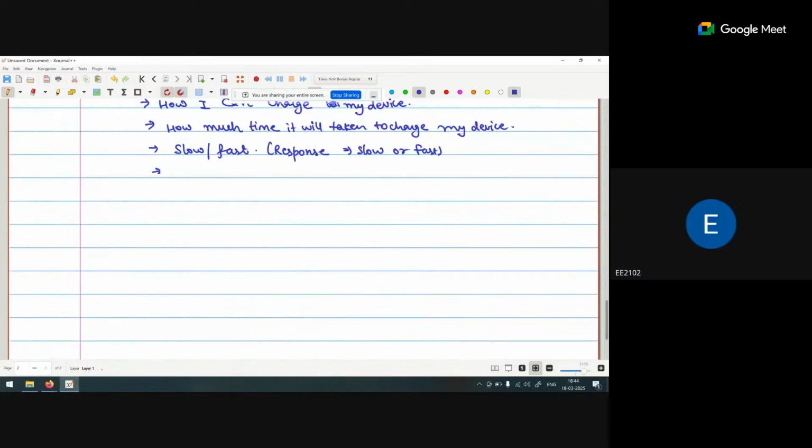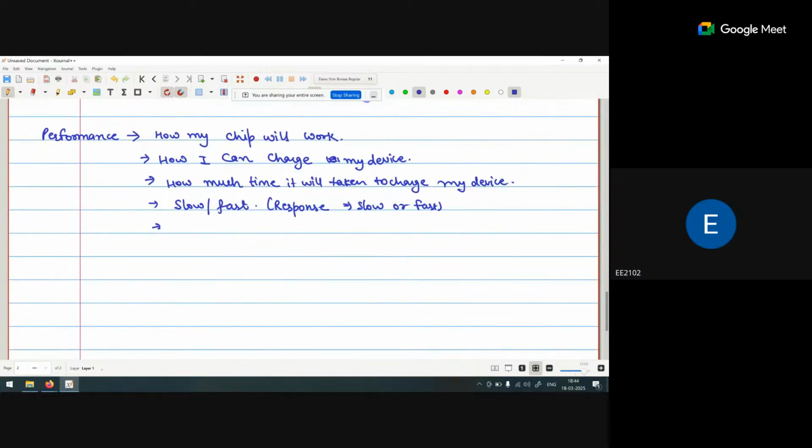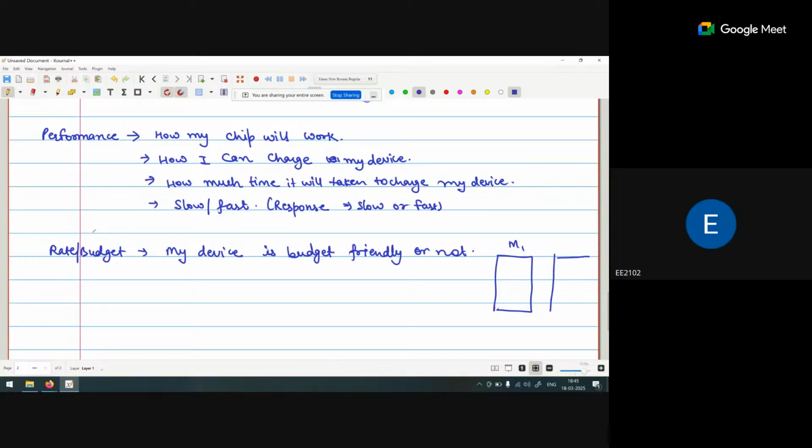Second, if you are talking about the rate or budget: is my device budget friendly or not? For example, we have two mobile phones, mobile phone one and mobile phone two.